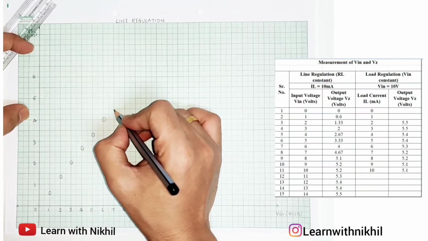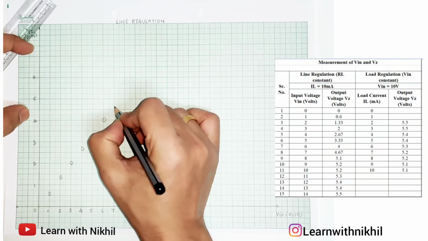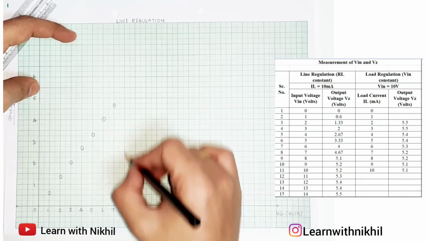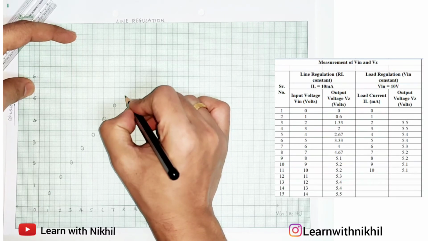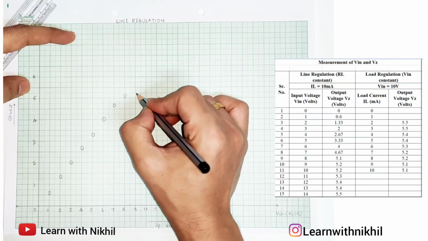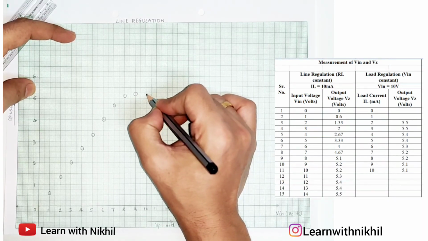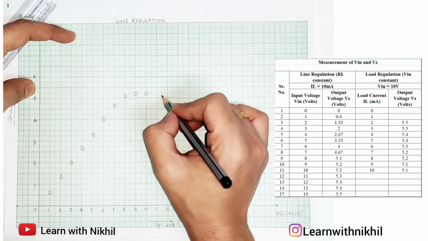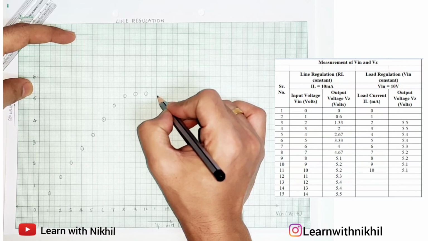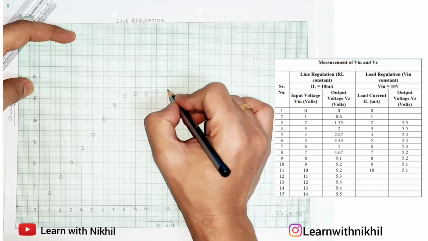For 7 it is 4.6. Then for 8 it is 5.1. So from 8 you can notice the output voltage remains constant. It is around 5.1, 5.2. So this is the Zener voltage. We had considered 5.1 volts Zener, due to which the output voltage remains constant after 5.1.